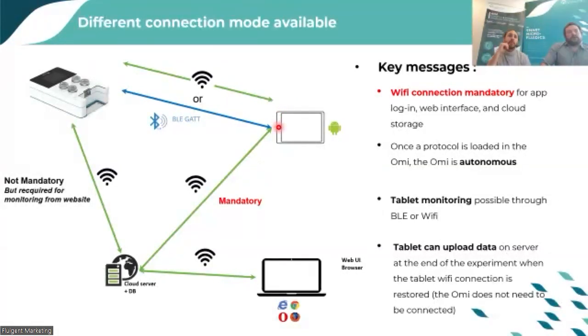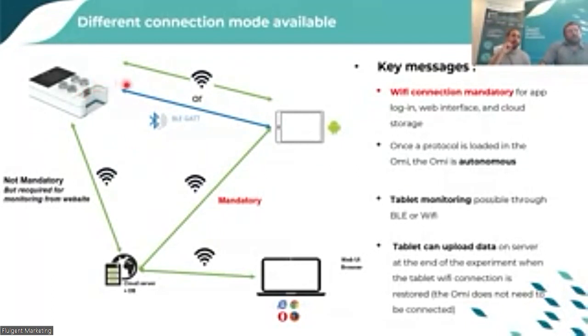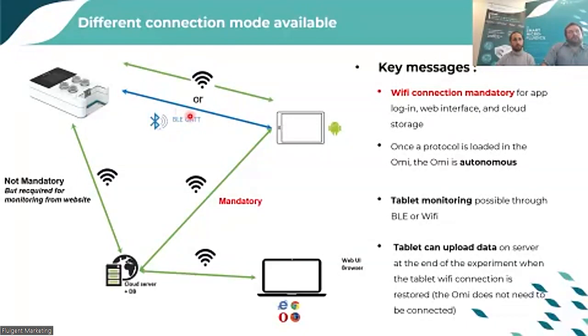You need a Wi-Fi connection to log in to the application, and then you can fully edit the protocols and transfer them to the OMI through either Bluetooth or Wi-Fi. When OMI is running, it is autonomous, but it can still communicate to the tablet through Wi-Fi or Bluetooth.